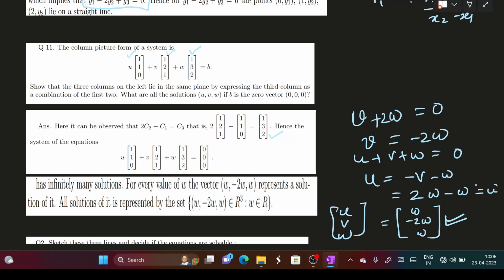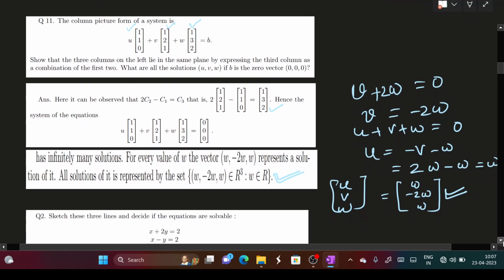All solutions of this system of equations are represented by this set: the set of vectors belonging to R cubed, where the first component is W, the second is minus 2W, the third is W, for each W belonging to R. So this is the end of the question.